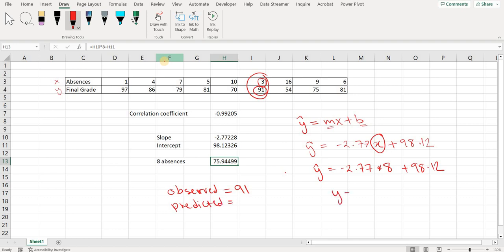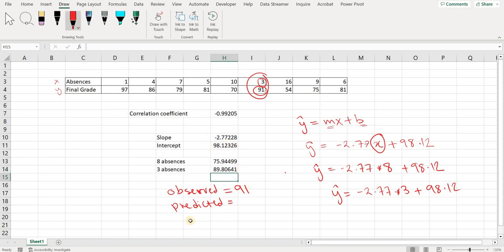We're going to take the same equation and we're going to plug in 3 instead of x. I'm going to compute the value here. So I'm going to say 3 absences here is equal to the slope times 3 plus the y-intercept.